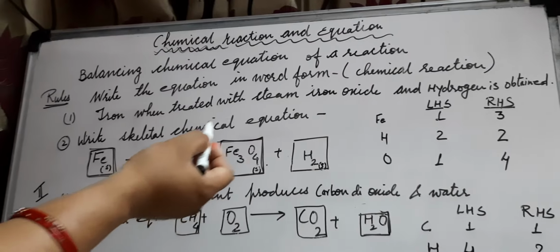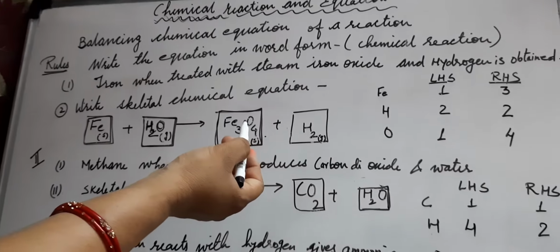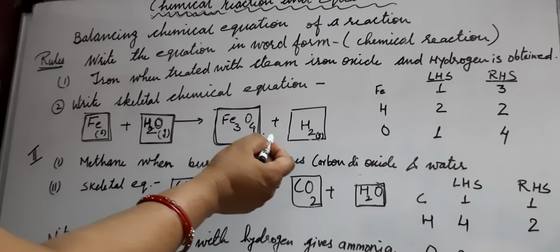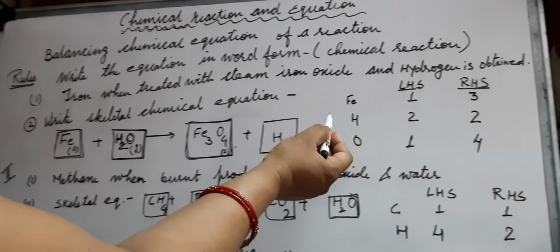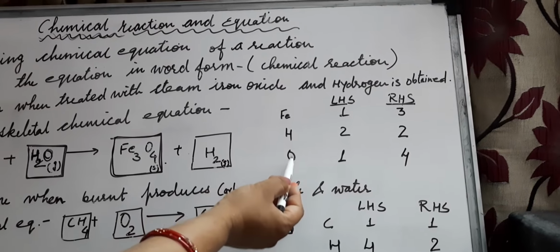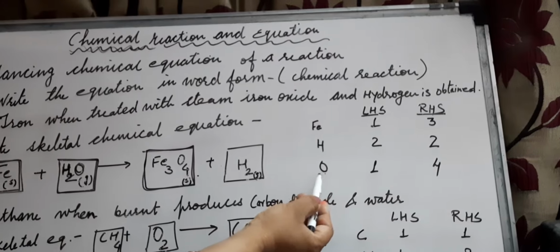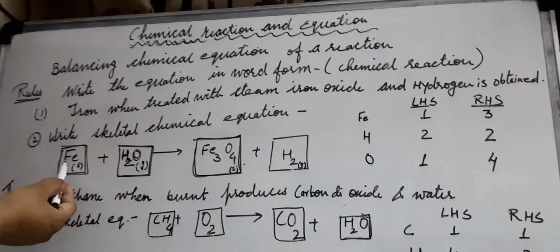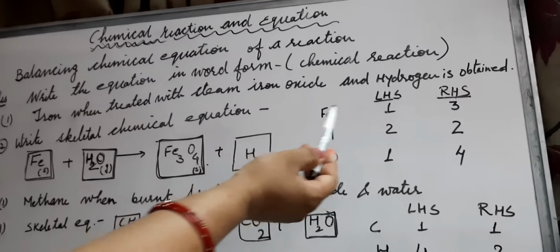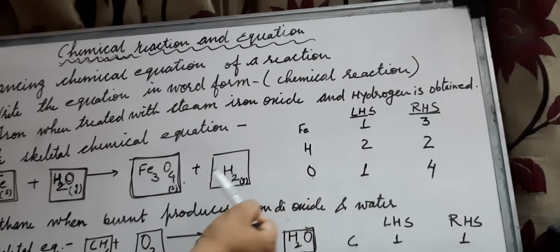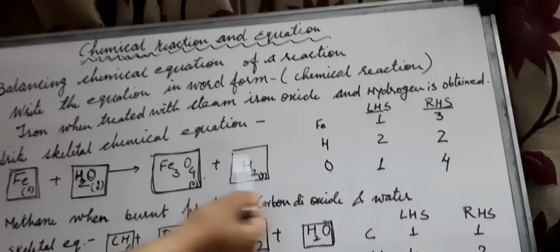To balance it, firstly we make a table of the different elements present in the equation, and those elements are Fe, that is iron, hydrogen and oxygen. If you observe their numbers, Fe on the LHS is 1, and Fe on the RHS is 3.